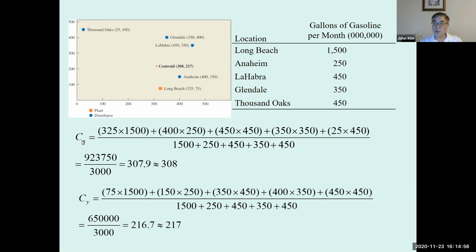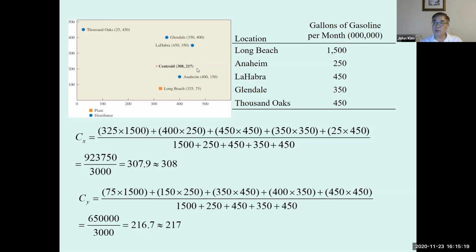Then the center point X coordinate is 308. The Y coordinate is the same: first location's Y coordinate times volume and so on, which gives 217.